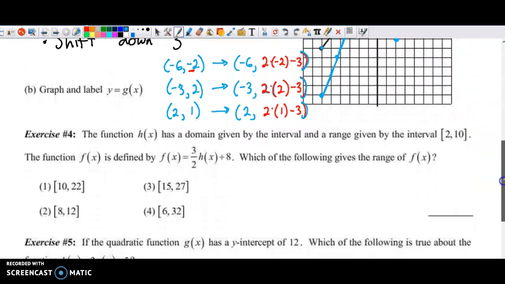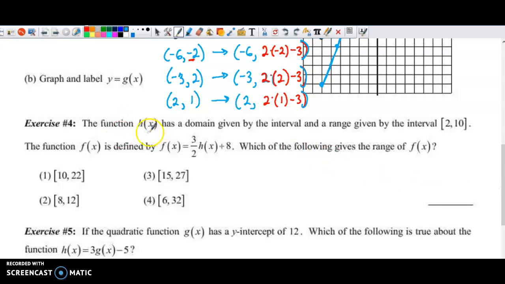And then our last exercise, we have a new function h of x. So we're starting over. It has a range from 2 to 10. So remember, range are the y values. So we are good to answer this question. And we have this new function that has a stretch of 3 halves and shifted up 8.